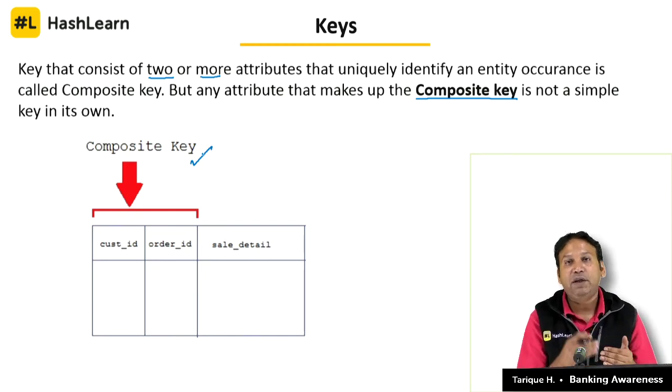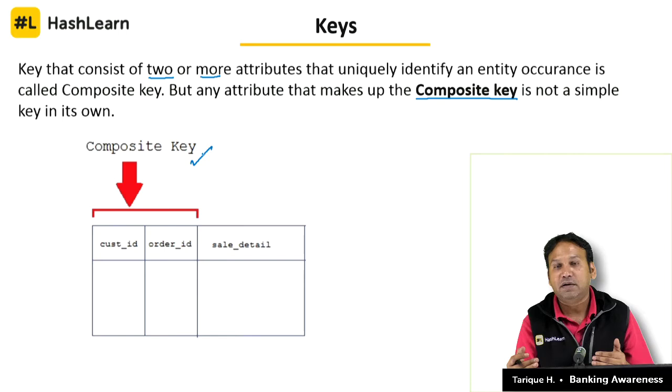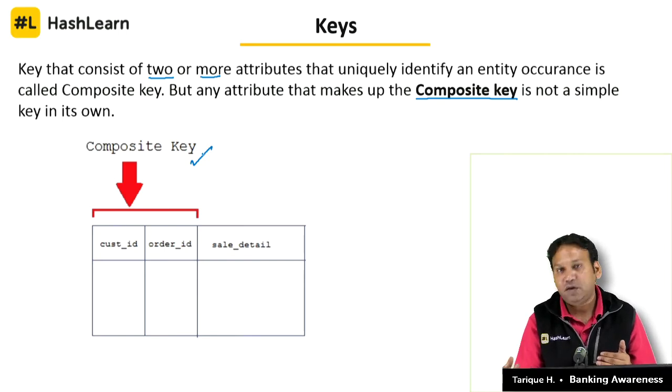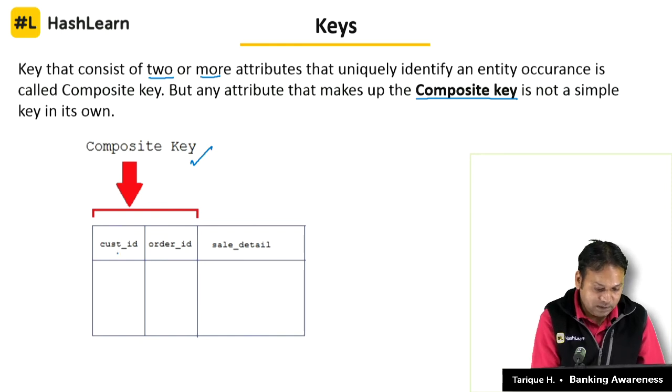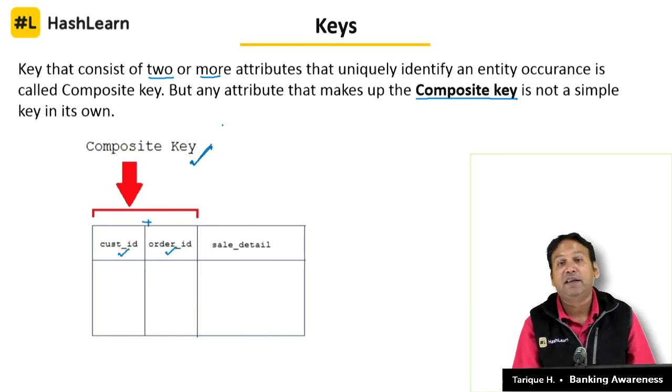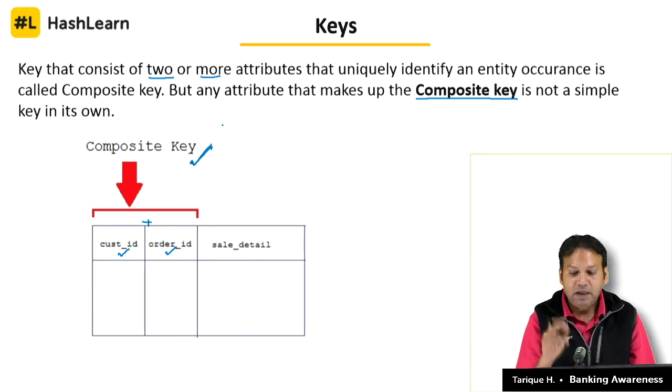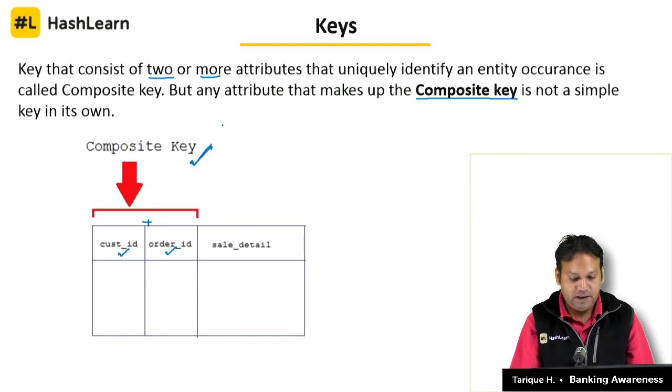The order ID can uniquely identify the order, but then how do we link the order with who has ordered it? For that we need the customer ID. So customer ID plus order ID combined can become a composite key that can then uniquely identify a purchase made on the website. Clear? That is what is called a composite key.